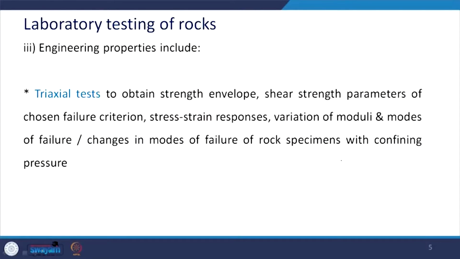Then the triaxial test, you all are aware with reference to soil about this test, that in this test you apply the all around confining pressure and then you increase the pressure in the axial direction so that the shearing can take place.